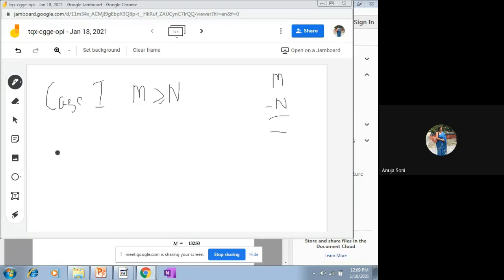Then we talk about case 2. Case 2 is when the magnitude of the negative number is greater than that of the positive number.